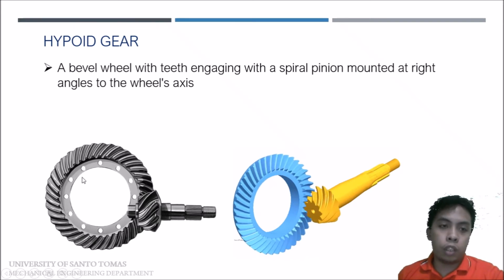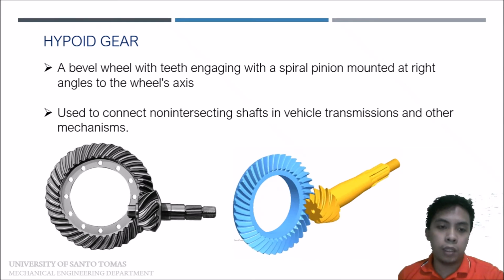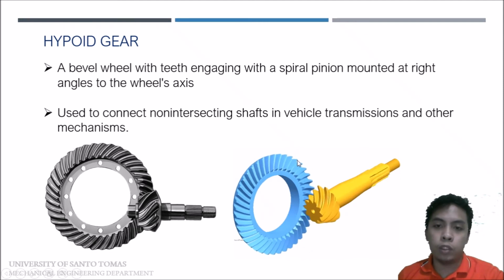Yung tooth construction natin in hypoid gear is slanted or spiral compared to the straight cut dun sa ating bevel gear. So ginagamit natin siya to connect non-intersecting shafts in vehicle transmissions and other mechanisms. So, pag sinabing vehicle transmission, usually makikita mo siya doon sa differential part.